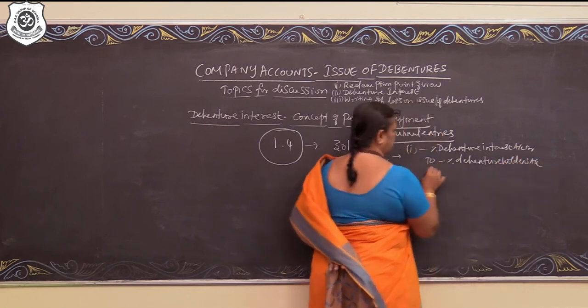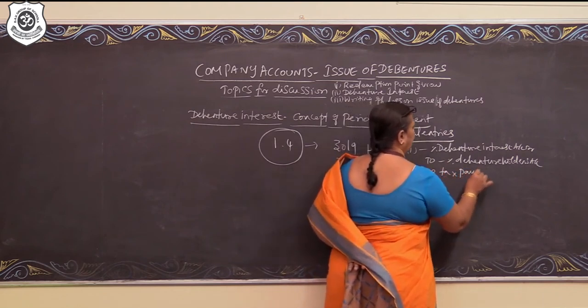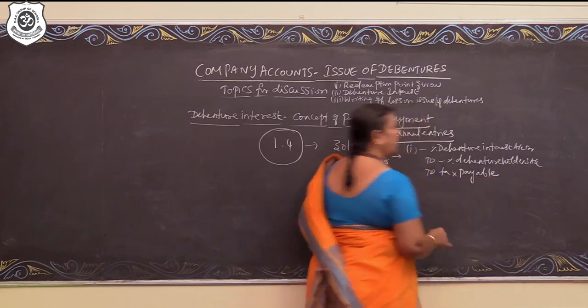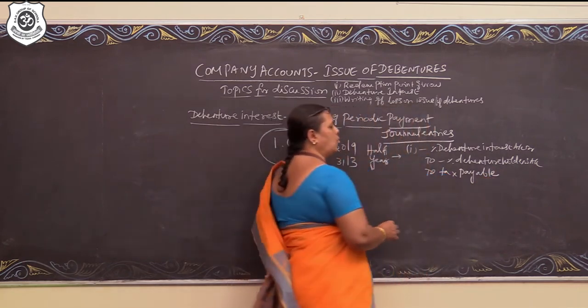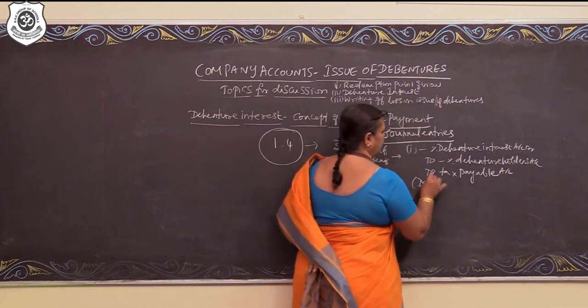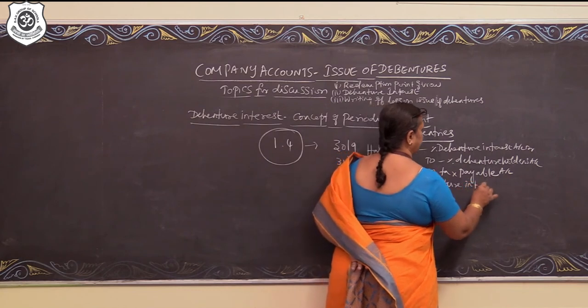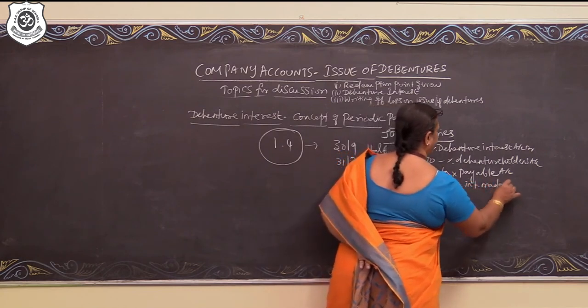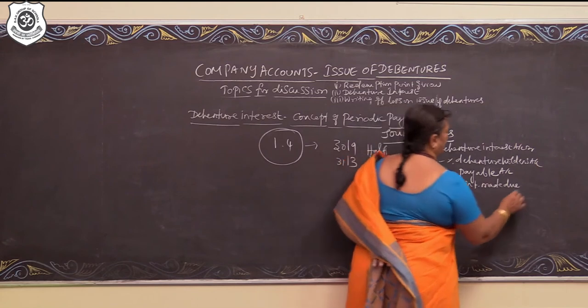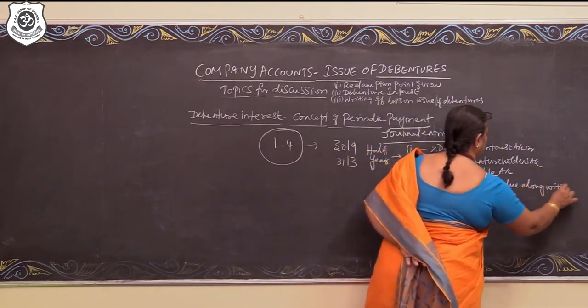And if there is tax payable, then you will deduct tax and create a liability for that as tax payable account. So, you are creating a liability. Debenture interest made due along with tax payable.